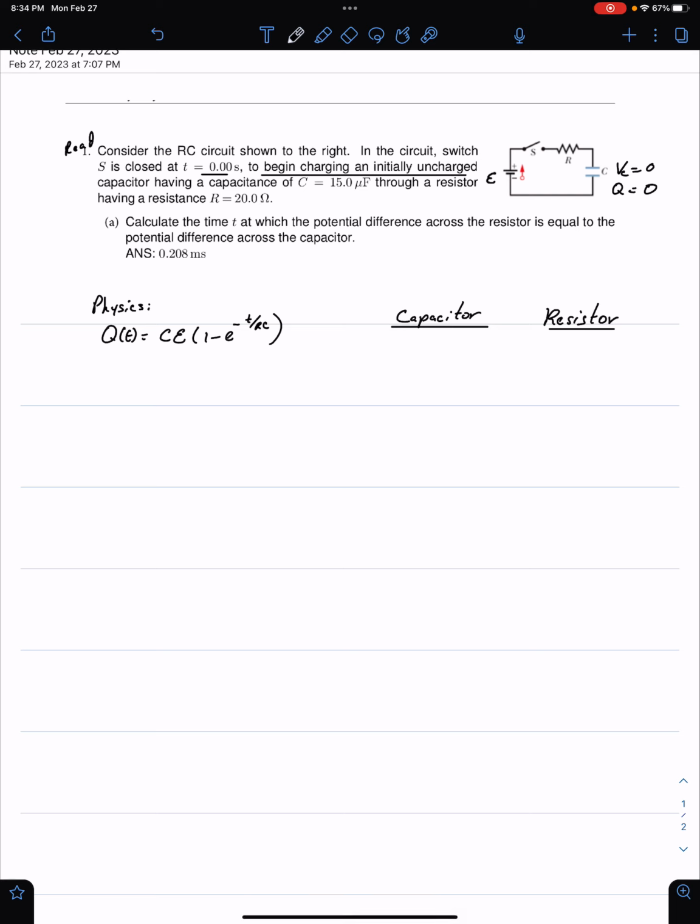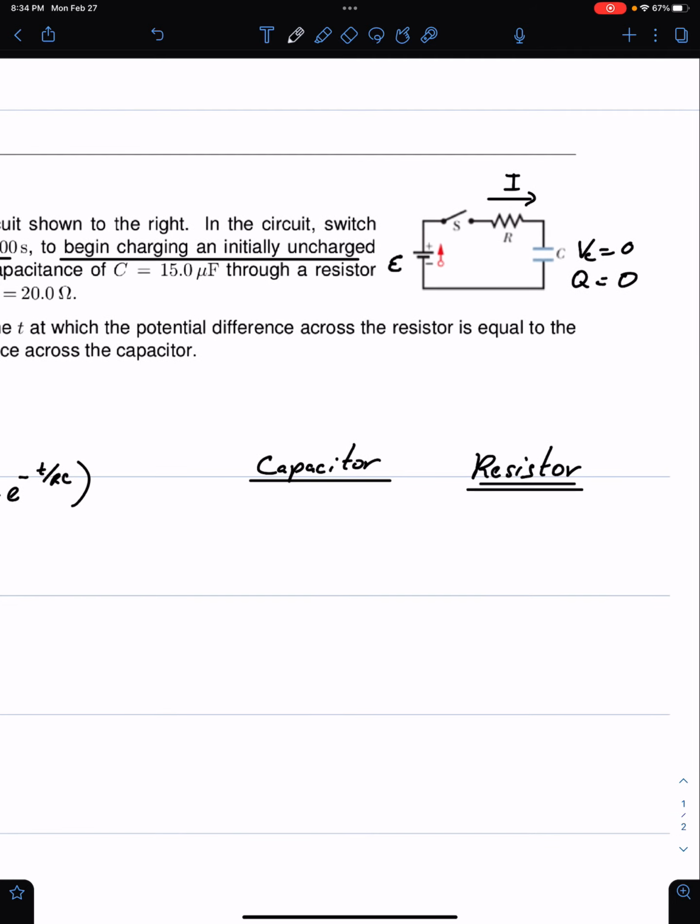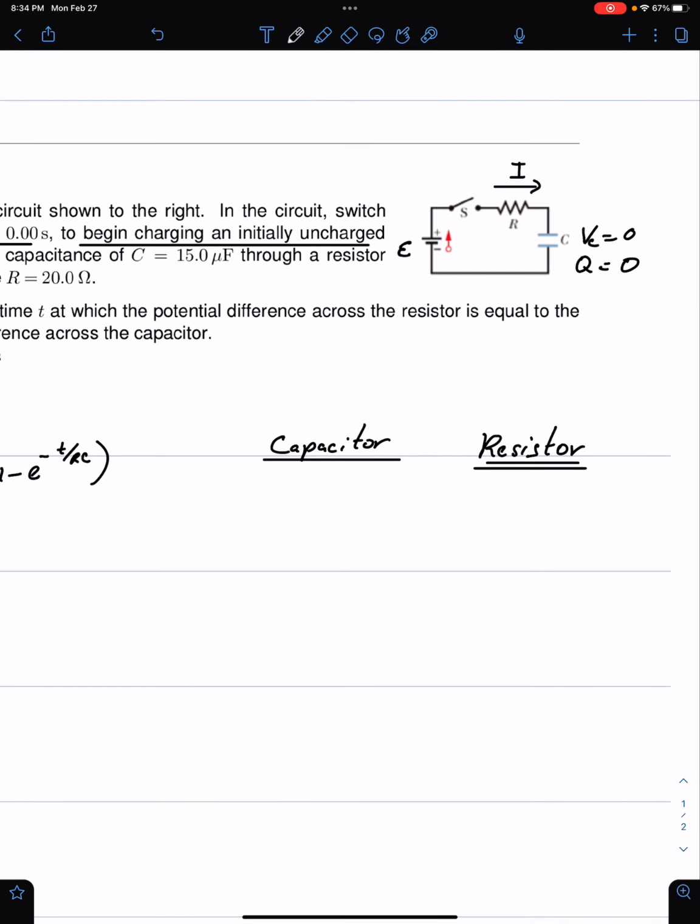So whenever there is such a thing as solving for current through a resistor, you have to understand that it is the current going through this resistor right here. Never the current going through the capacitor, because there's no such thing as that. Okay?